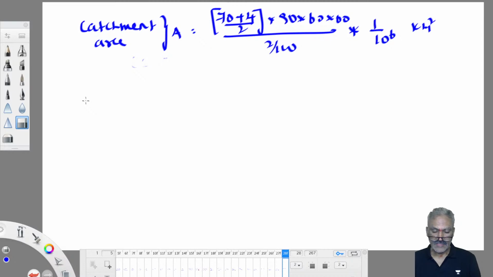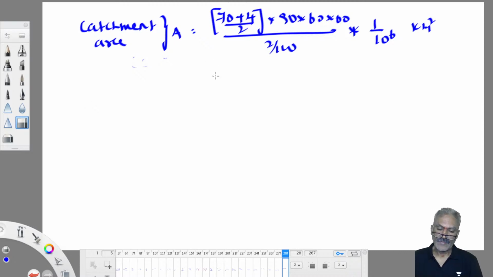Come on, work out. Answer in kilometer square: 74 by 2 into 90 into 60 into 60 by 2 into 100, divided by 10 power 6.